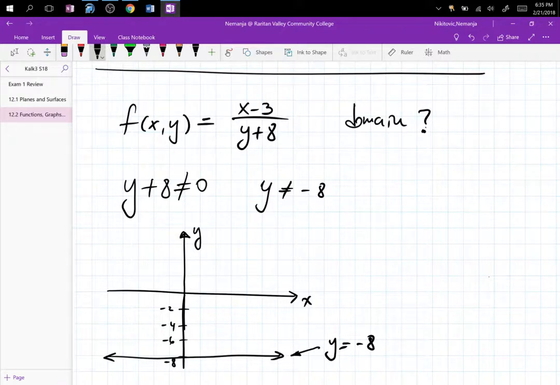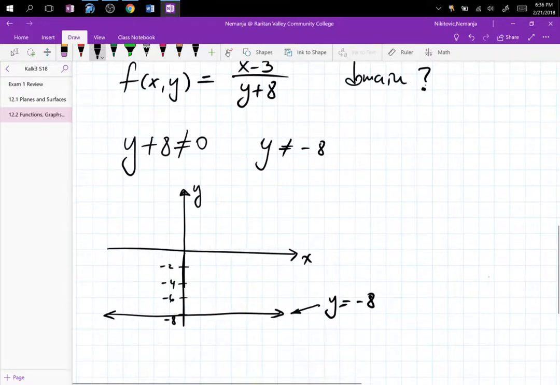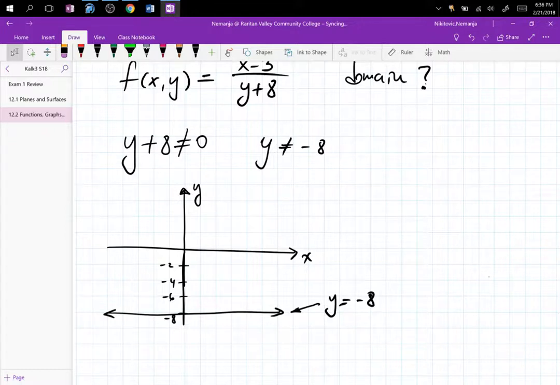And you can pick any x. So you are not allowed to have in your domain any point in this infinite space that has the y coordinate as negative 8. You're allowed to have anything else.